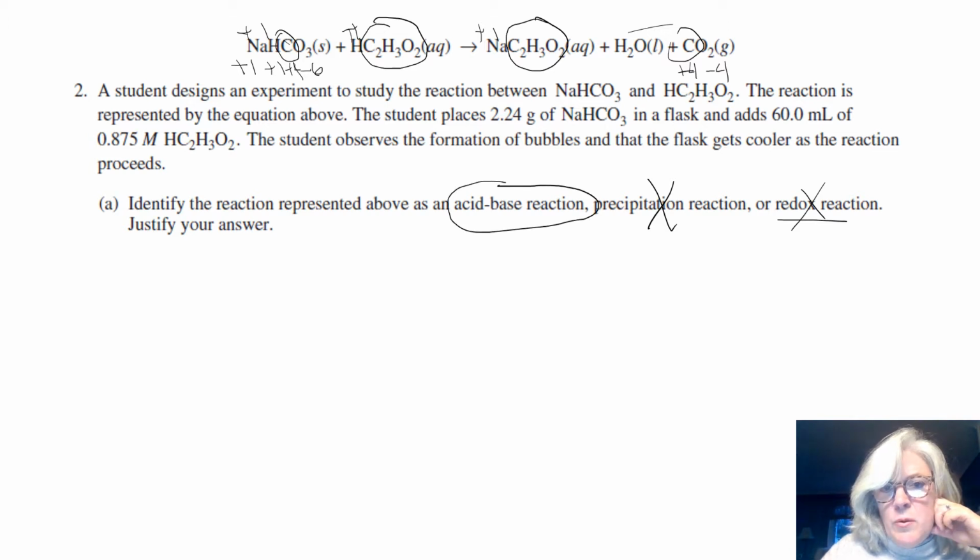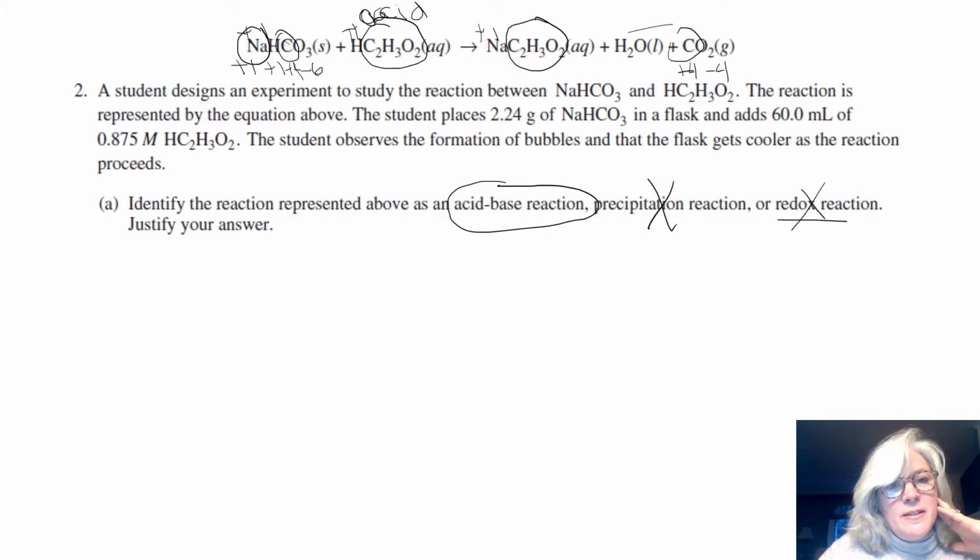And let's take a look at why that is. This is an acid, okay? So here I've got an ionic salt, and it's going to dissolve into this. But remember, salts can be neutral, acidic, or basic.